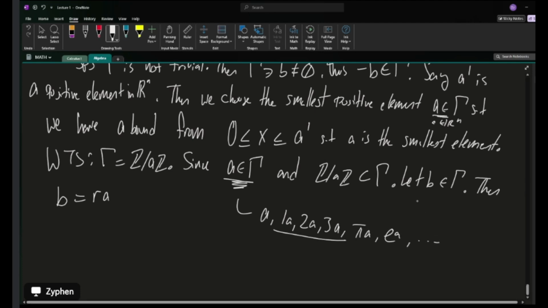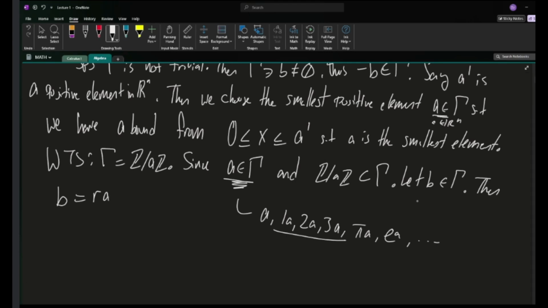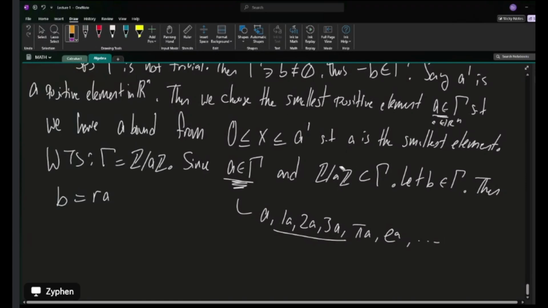Yeah, all multiples of A. But we know at the minimum that AZ itself is going to be a subgroup of gamma.